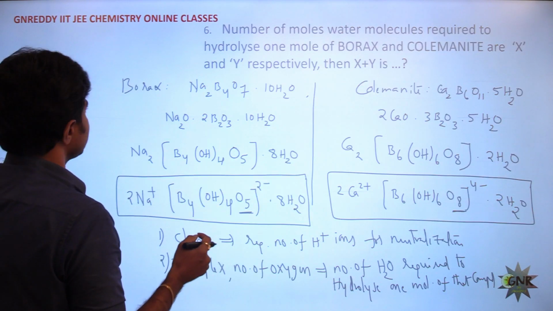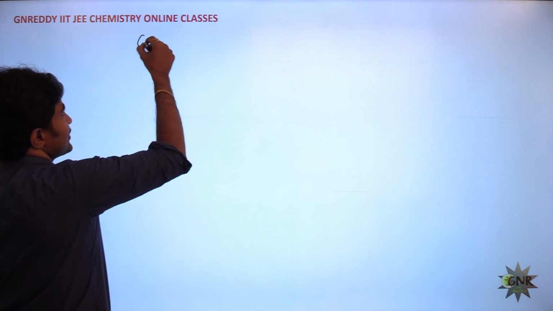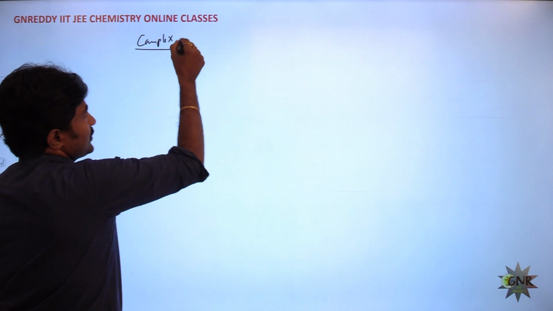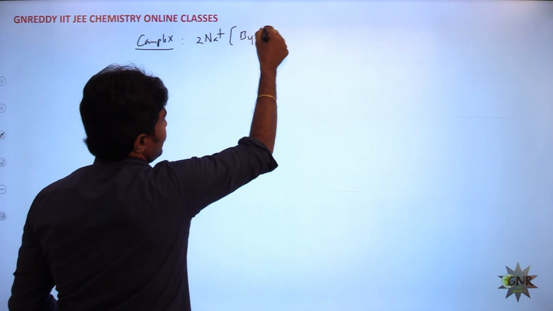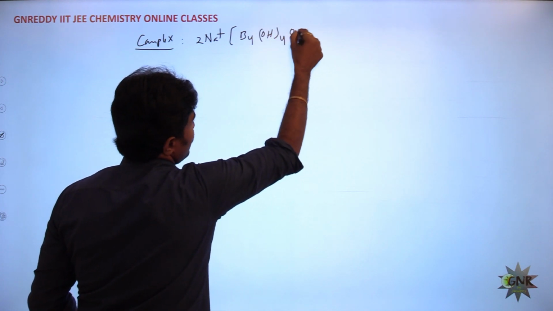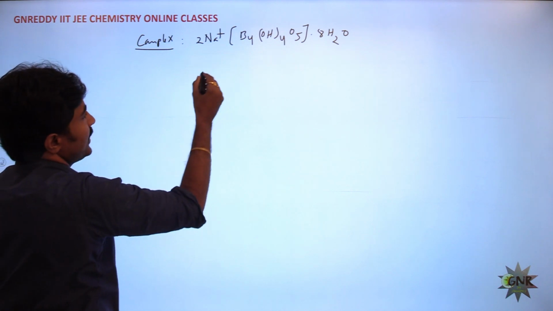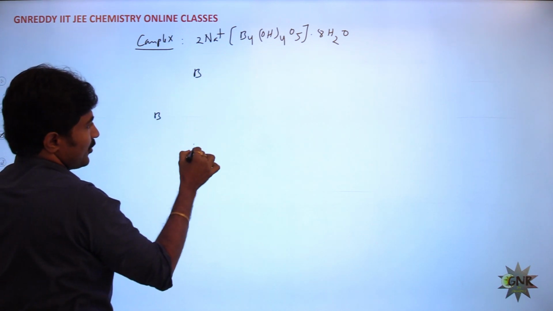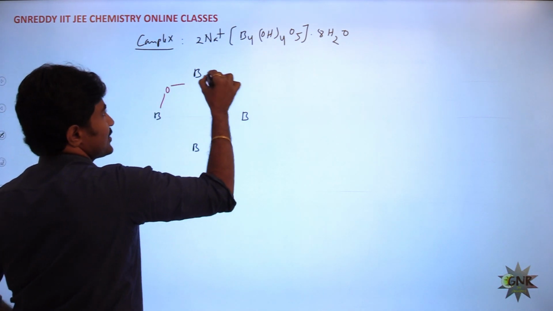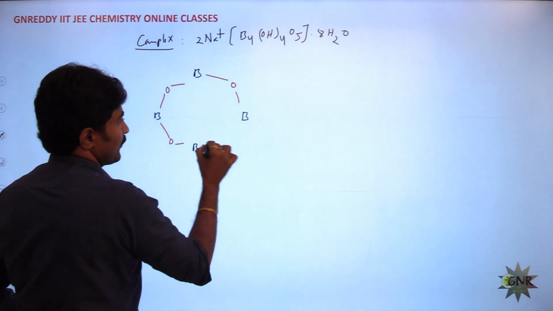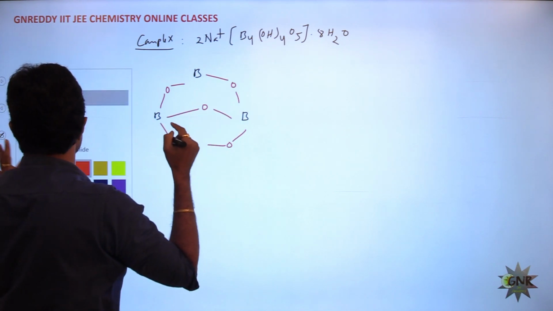If you take borax, here already I gave this complex structure. So this is 2 Na plus B4 (OH) taken 4 times O5 dot 8 H2O. If you draw this one, this is B and 4 borons present like this, and these are connected by oxygens like this. Okay, and for every 1 boron 1 OH group is there.